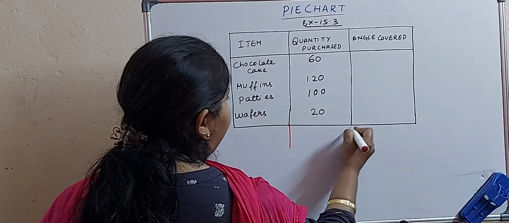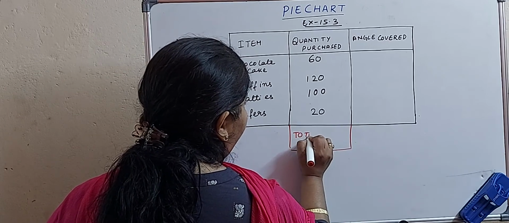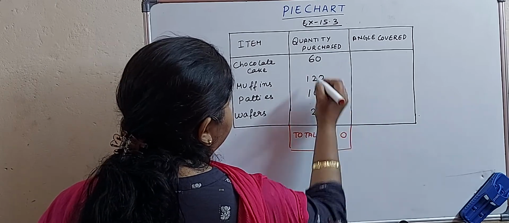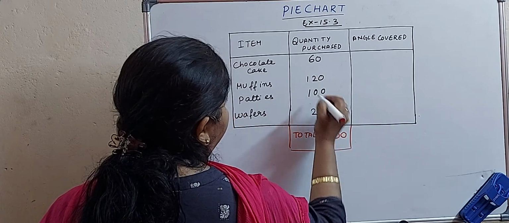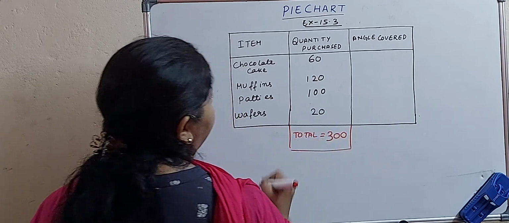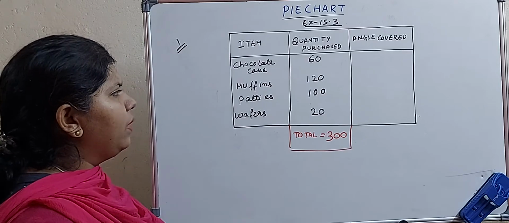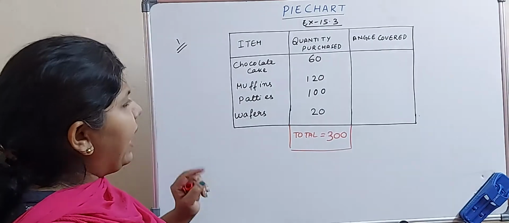How will you take out the total? The total is the sum of all these, that is 300. Total is 300.